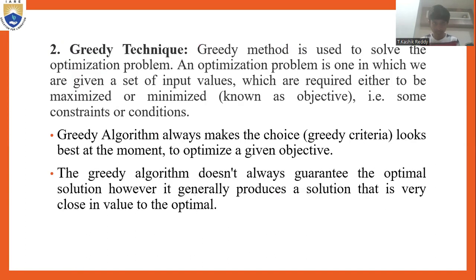Next, the greedy technique is also one of the design techniques of an algorithm. The greedy method is used to solve optimization problems. An optimization problem is one in which we are given a set of input values which are required either to be maximized or minimized, subject to some constraints. A greedy algorithm always takes the choice that looks best at the moment to optimize a given objective.